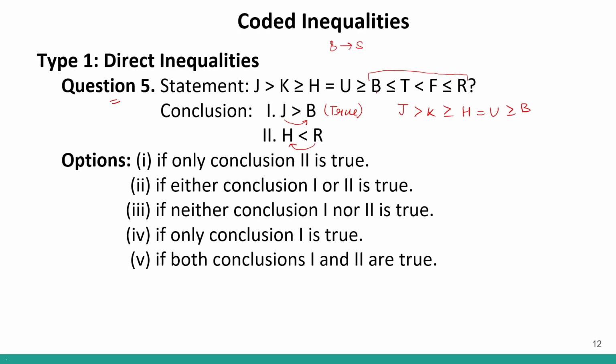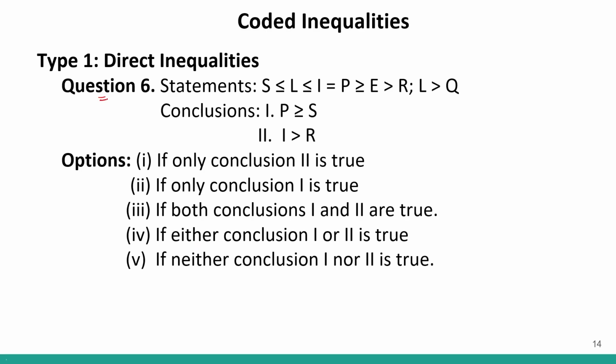So I cannot proceed further from B. So I cannot find the relationship between R and H, correct? So this will be false because we cannot find a relationship. This will be false. So my answer will be that only one is true. So only one is true is given in option number 4, that only conclusion 1 is true. Therefore my answer will be option number 4. Clear?